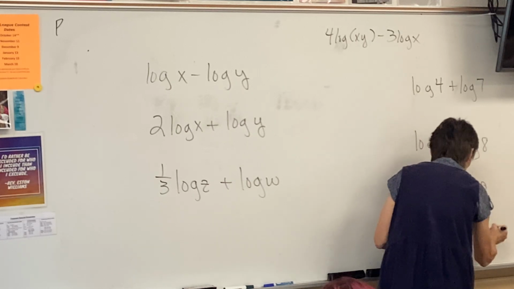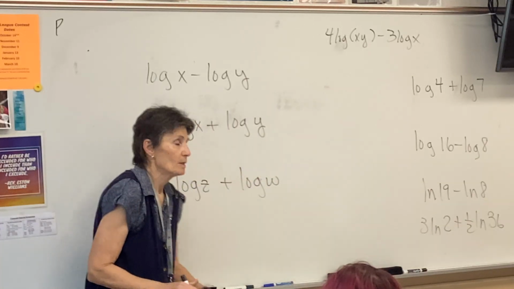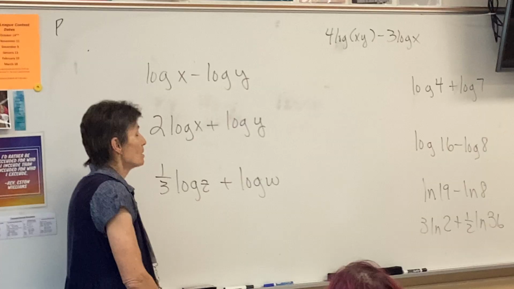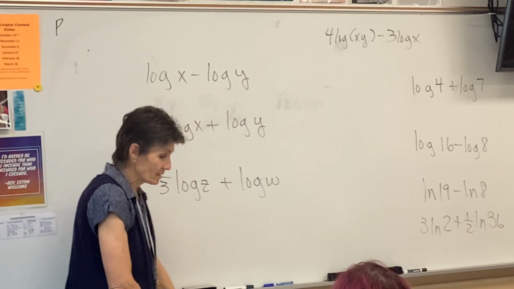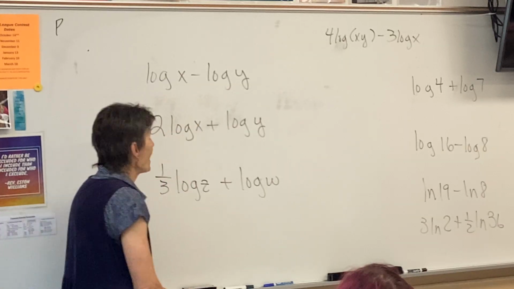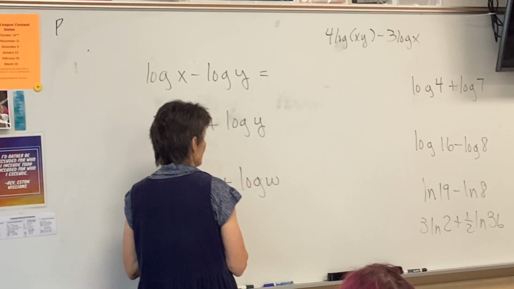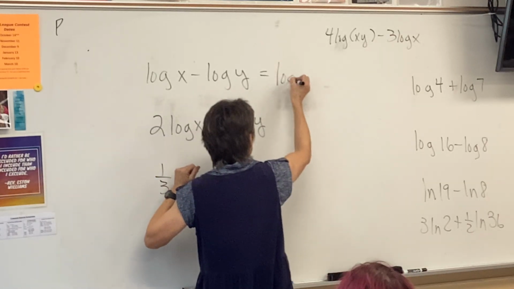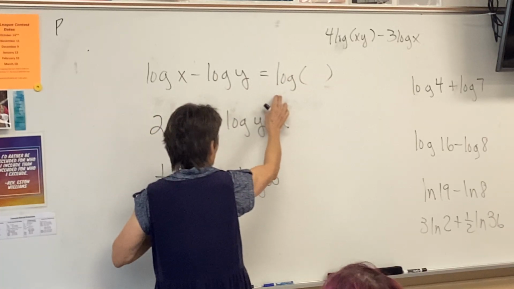All right, so here's the whole section, the whole problem. We're going to stick these together. Here are the rules. When two logarithms have been subtracted, that means the numbers themselves have been divided. So our job is to write one logarithm, not two, one.